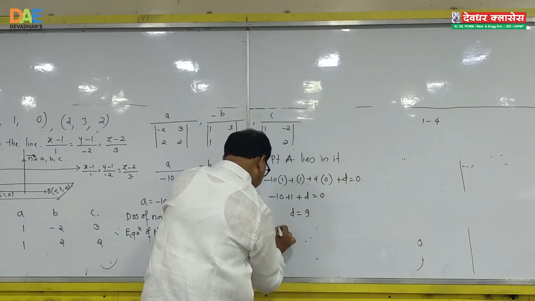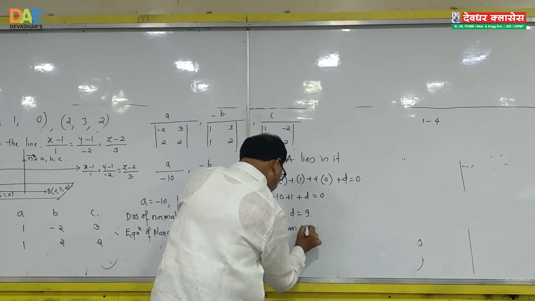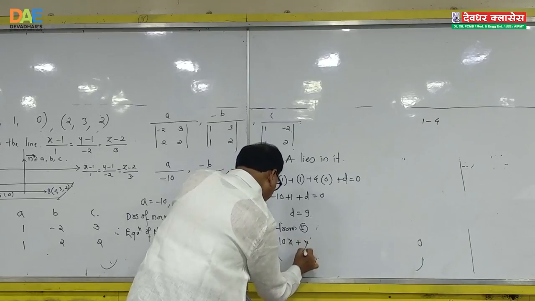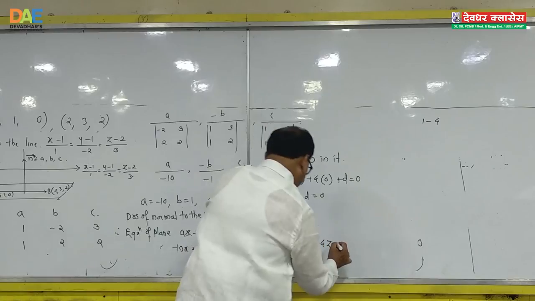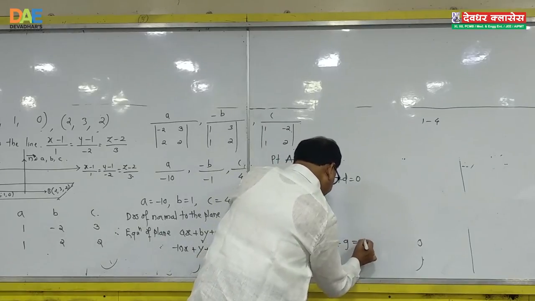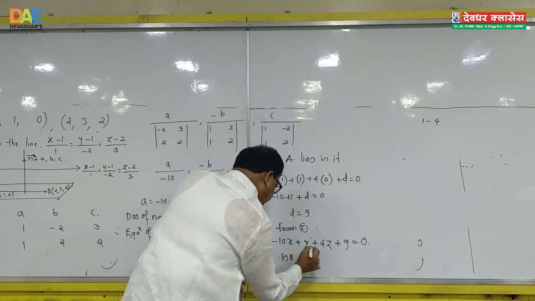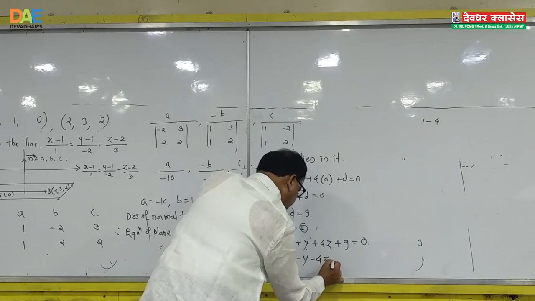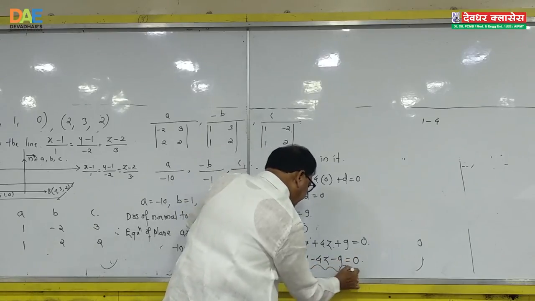And therefore from 1, minus 10x plus y plus 4z plus 9 is equal to 0, or change the sign by multiplying both sides by minus 1: 10x minus y minus 4z minus 9 is equal to 0. It is the Cartesian form.